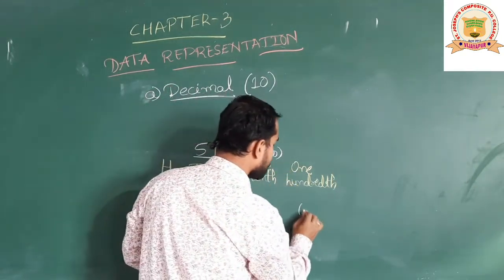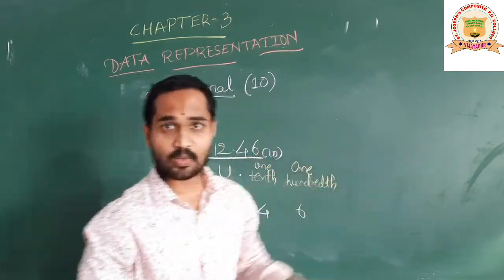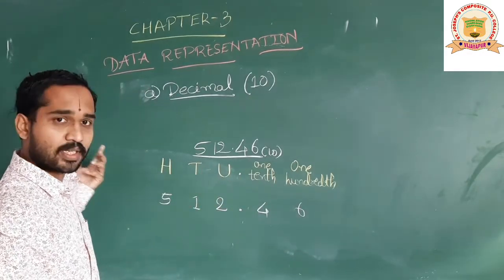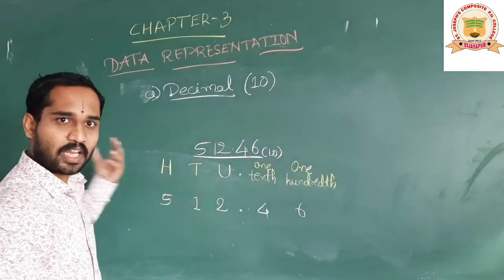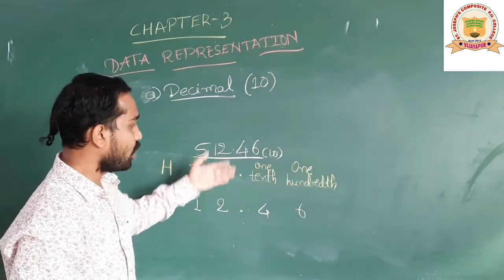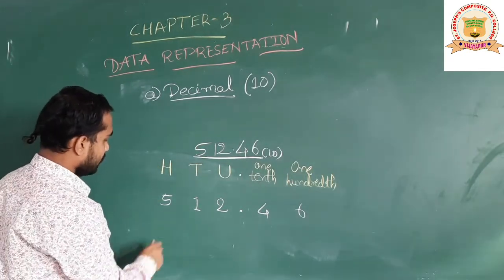Then whatever comes next is 1/100. And so on, 1/1000, 1/10,000. Like this it goes. Units, tens, hundreds, thousands, 10,000s when you go to the left. When you go to the right, that is after the decimal point, you have to go on reducing. Correct?